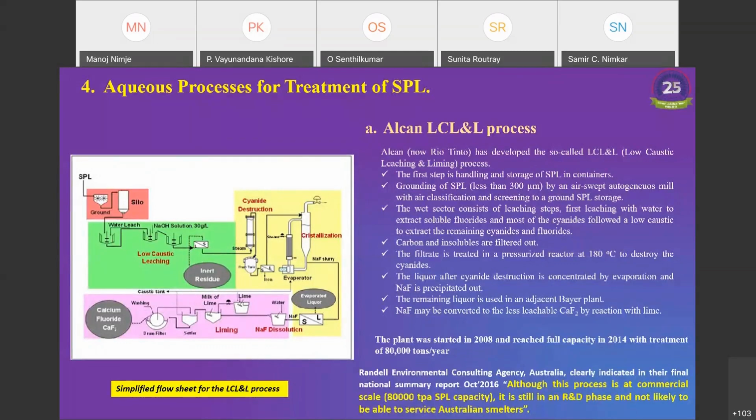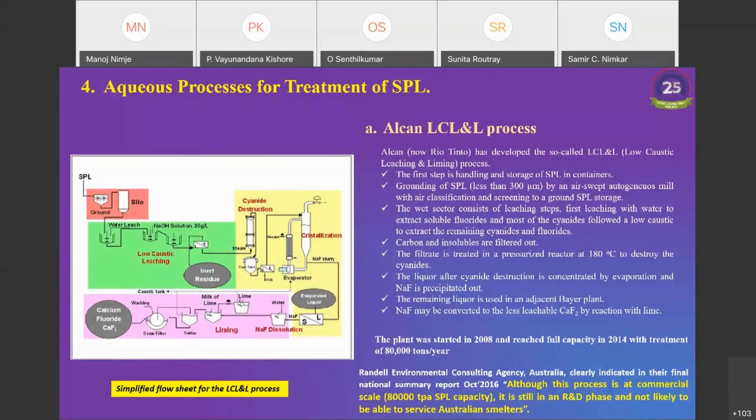In the next step, the filtrate is treated in a pressurized reactor at 180 degrees centigrade to destroy the cyanides. The liquor after cyanide destruction is concentrated by evaporation and sodium fluoride is precipitated out. The remaining liquor is used in the adjacent Bayer plant. The sodium fluoride may be converted to the less leachable calcium fluoride by reaction with lime.